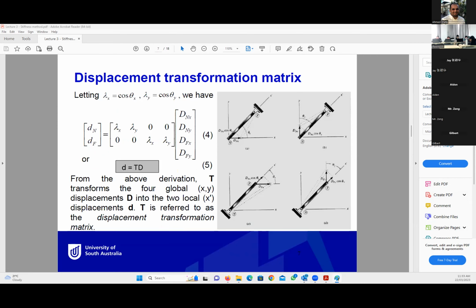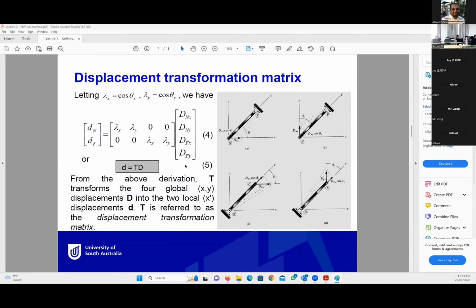After replacing them, we have dn and df equal to [lambda x, lambda y, 0, 0; 0, 0, lambda x, lambda y] times [dnx, dny, dfx, dfy].